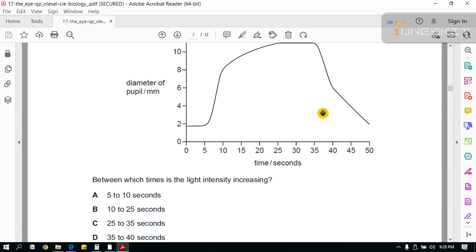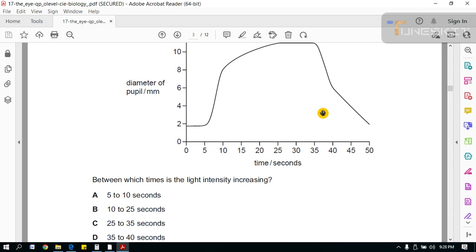So it is from 5 to 10 seconds, 10 to 25 seconds, or 20 to 25 seconds, when light intensity increases. Because here we can observe it by analyzing the pupil size, the diameter of the pupil.